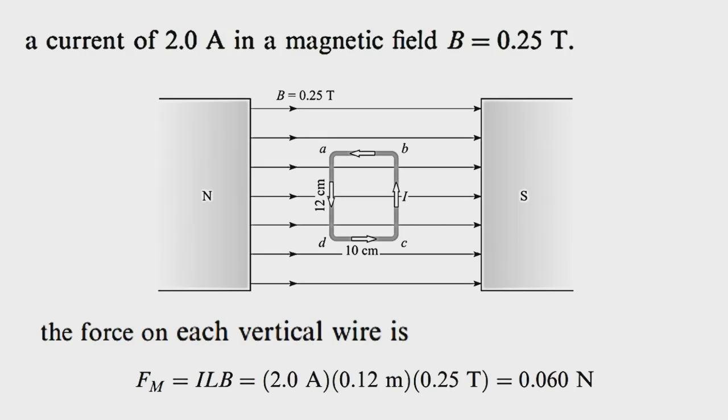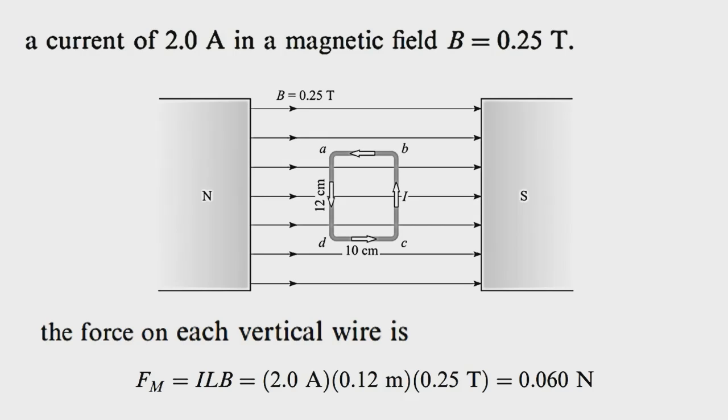And so we are going to make use of the formula F sub m is equal to the current times L, and not delta L, since this is a 12 centimeter wire and we consider this as a long length of wire, multiplied by B times sine theta, which is sine 90, which is equal to 1.